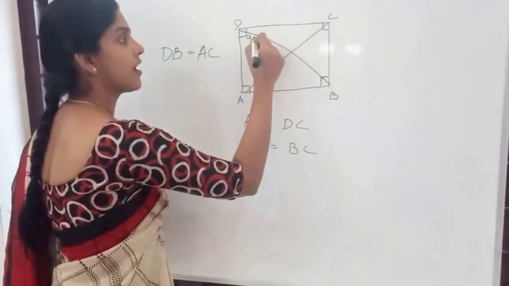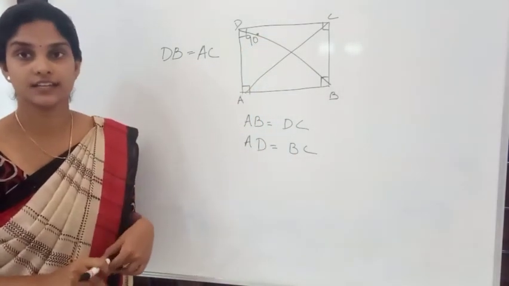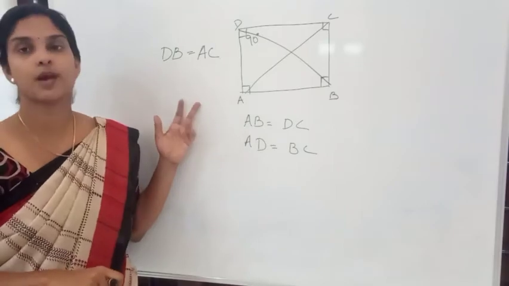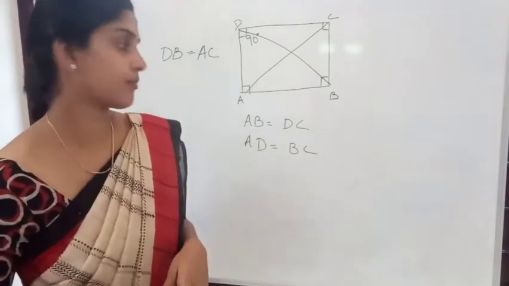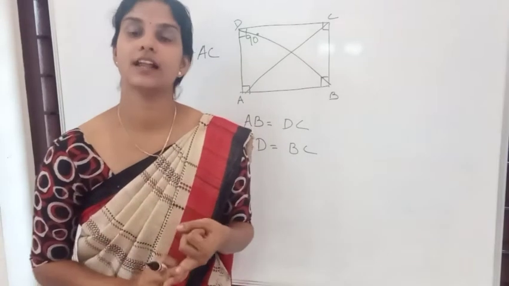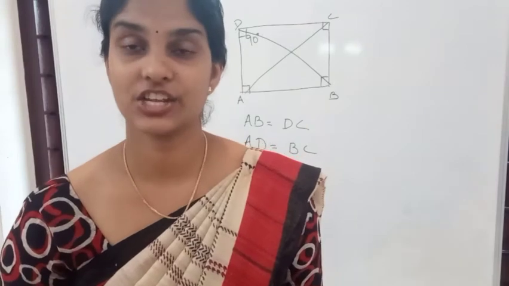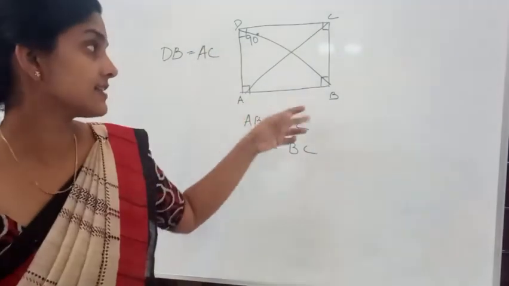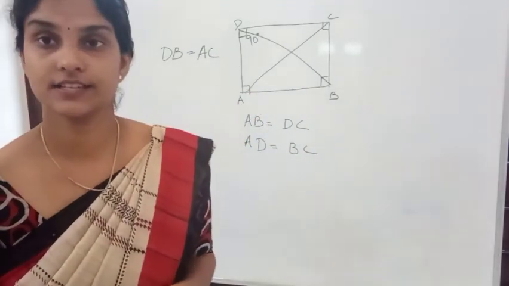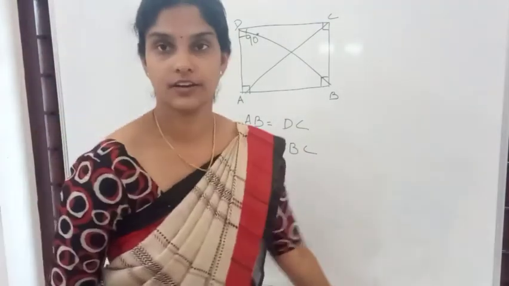They are right angles. They measure 90 degrees. So these are the properties of a rectangle. Opposite sides are equal, opposite sides are parallel, the diagonals are equal, the diagonals bisect each other and the angles are 90 degrees.